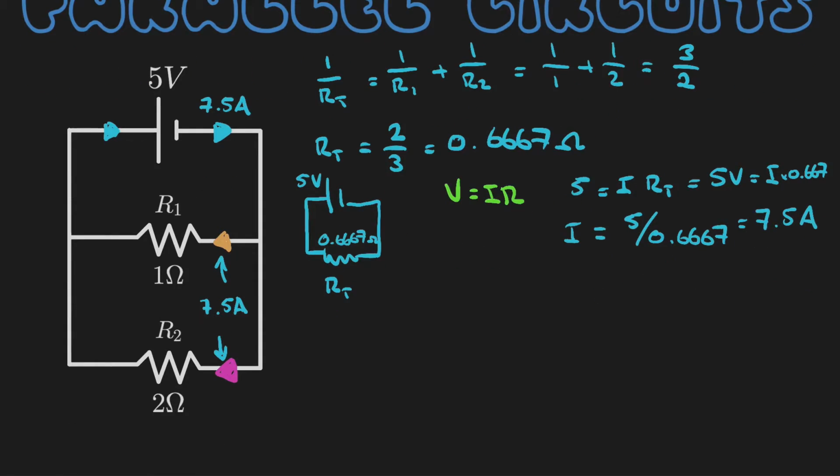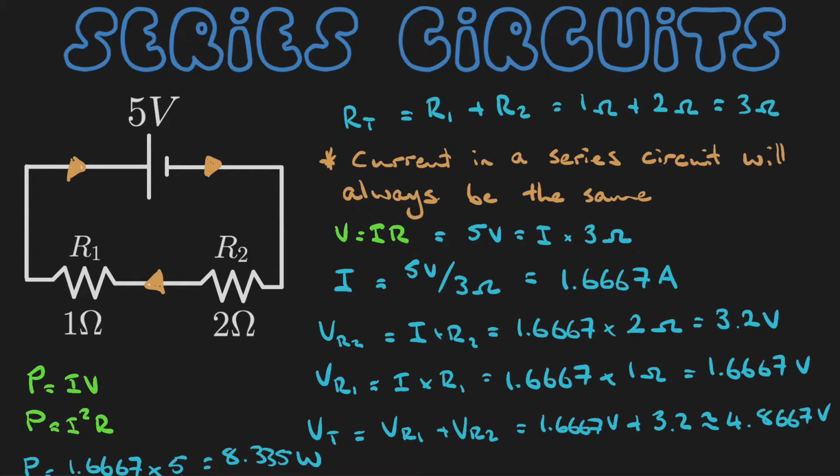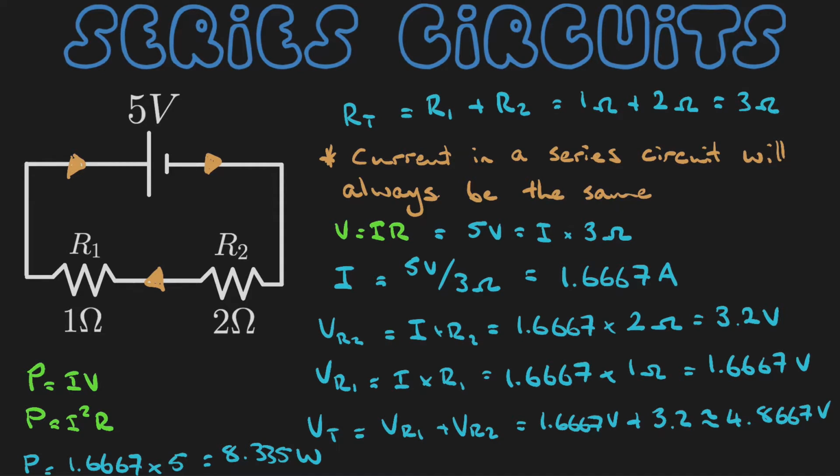Alright. So it's important to note that the voltage in a parallel circuit, I better write this down. The voltage in a parallel circuit remains the same. Unlike current. So if we went back up to the series circuit, the voltage actually changes throughout the circuit.